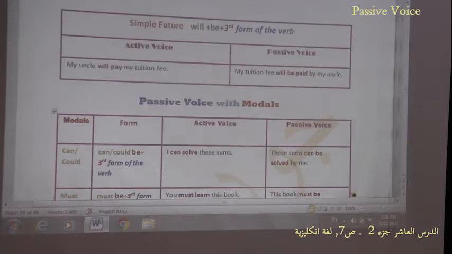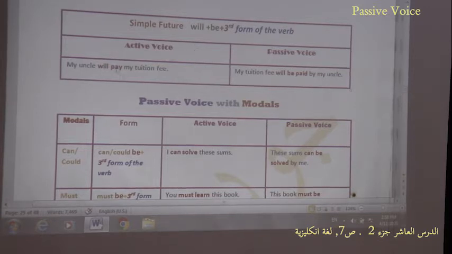Now future simple. Here we are talking about will. Will is always followed by the base form of the verb, the bare infinitive, the zero form. What is the infinitive form of the verb to be? It is be, and of course the third form of the verb. Active voice: my uncle will pay my tuition fee.